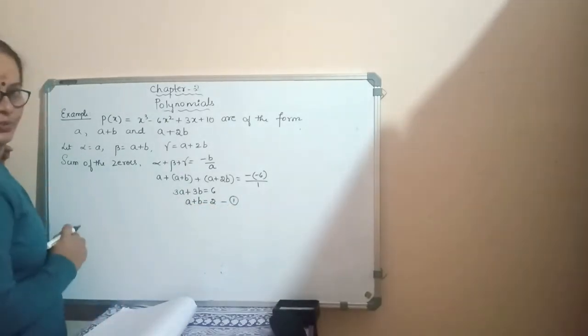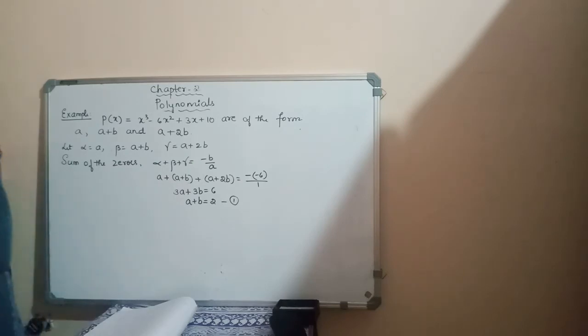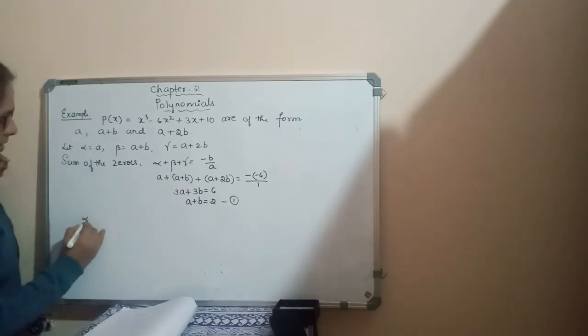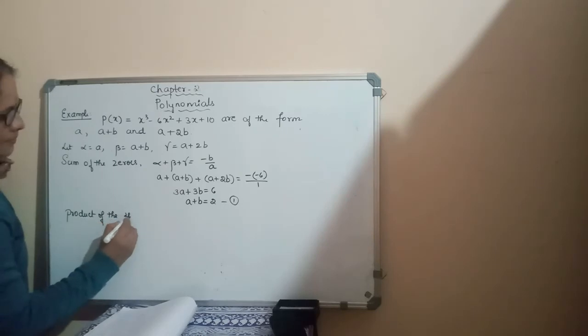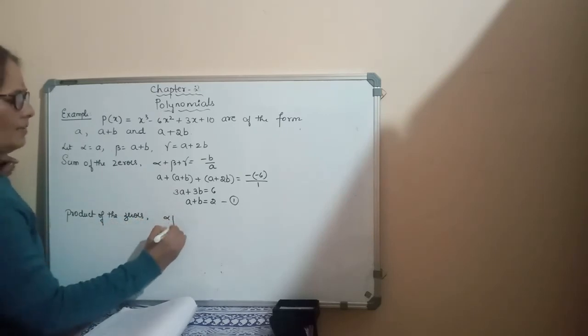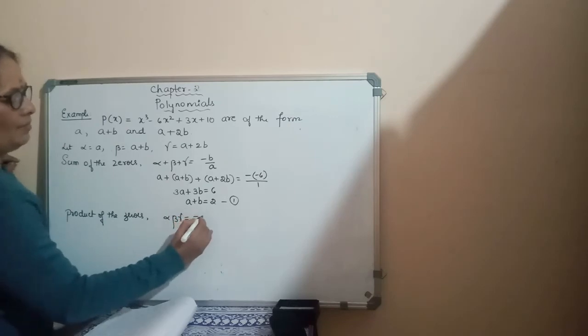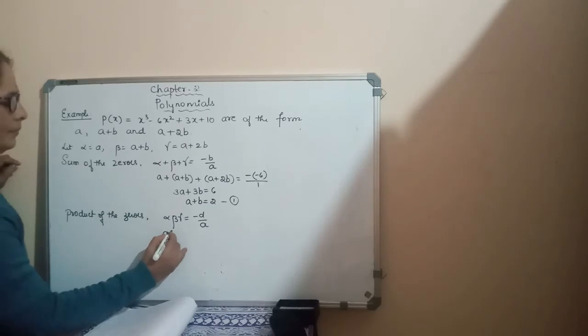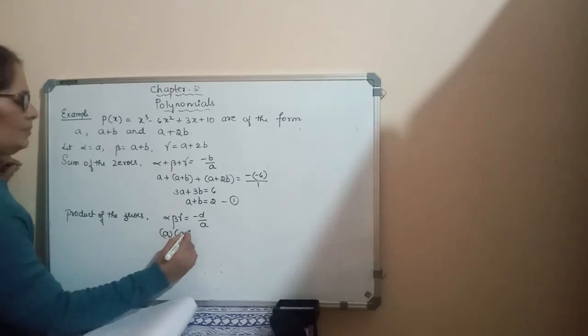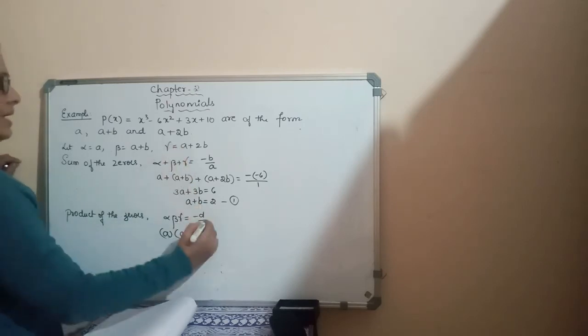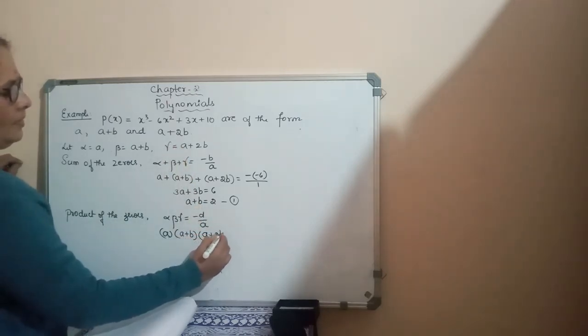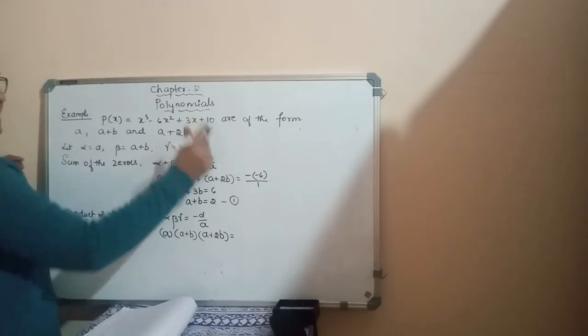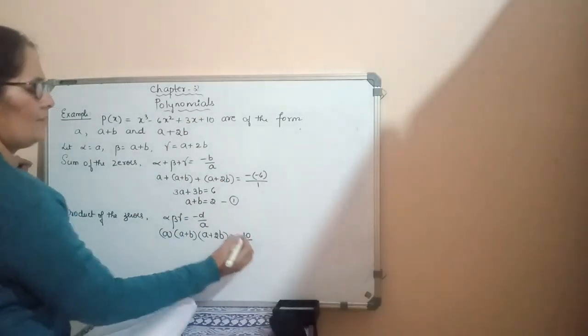Take this as equation 1. Then the product of the zeros, alpha beta gamma, equals minus d by a. So alpha is a, beta is a plus b and gamma is a plus 2b, equals minus d by a, minus 10 by 1.